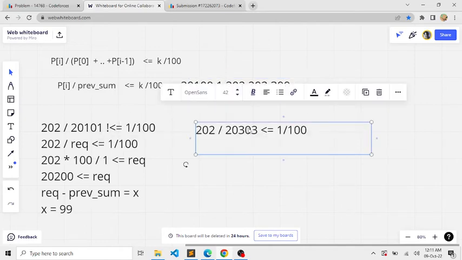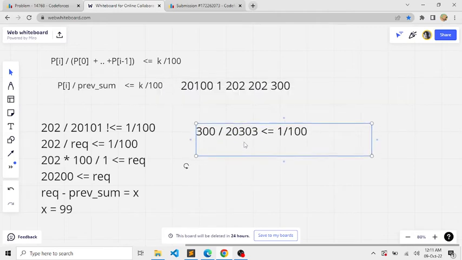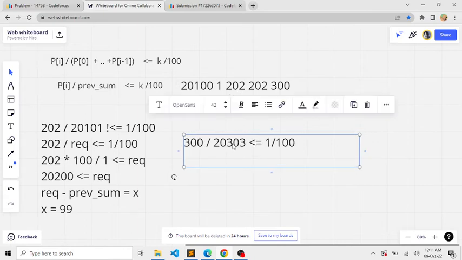Now if we were to solve this equation, that is 300 divided by 203, 203 plus 202 is 505. Let's solve this equation quickly.